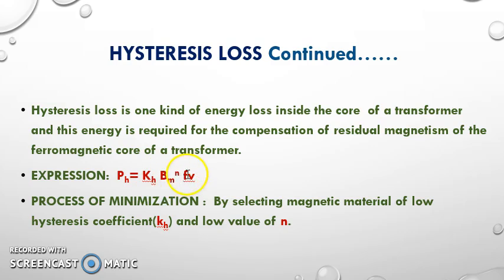That means those quantities are totally dependent on the magnetic material used. So by carefully selecting a suitable type of magnetic material of low hysteresis coefficient and low value of n, we can easily reduce the hysteresis loss.